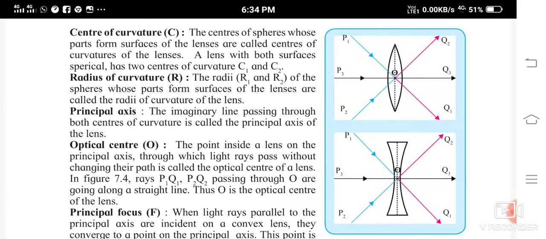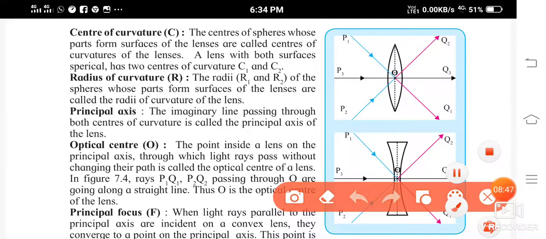Now, which is the optical center over here? The point O is the optical center. So, what is the optical center? You have seen this is the principal axis.